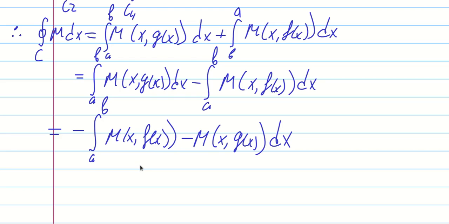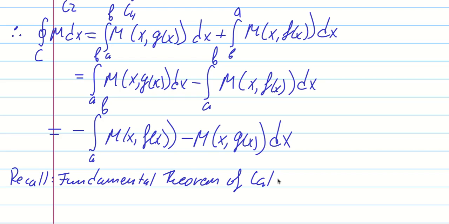Okay, so here we're going to do a little bit of a recall from calculus 1. The fundamental theorem of calculus from calculus 1 tells you that if you take the derivative of the integral from a to x of f of t dt, you're going to get f of x.